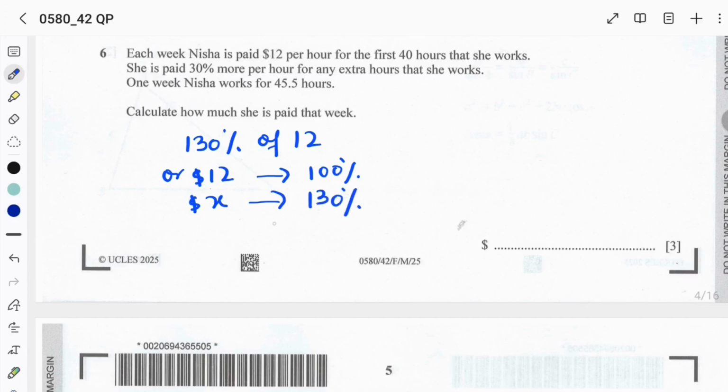So cross multiply, then you will have 100x equals 12 into 130.